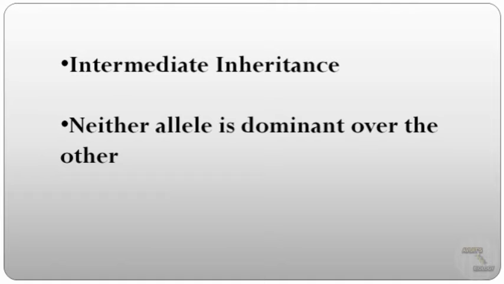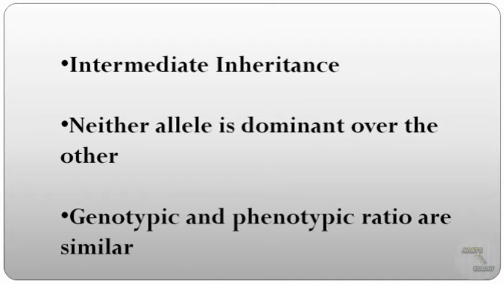And here, one of the most important characteristics of incomplete dominance is that the genotypic ratio and the phenotypic ratio of the progenies are the same. Now let's discuss incomplete dominance with a cross.